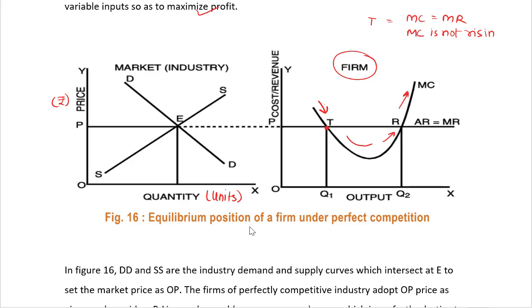MC is not cutting the MR curve from below. That means what? Over here, MC is cutting the MR curve from above. So this could not be the equilibrium.